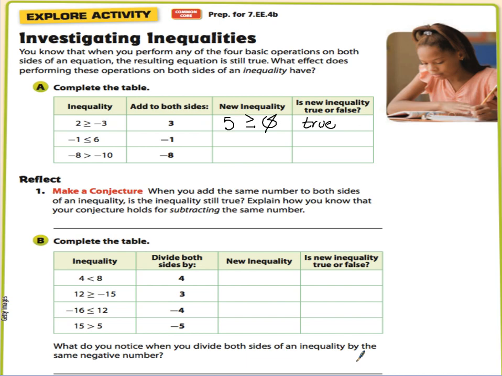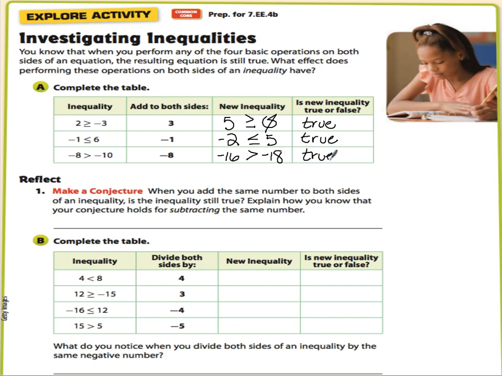Let's add negative 1 to both sides. I get negative 2, and it should be less than or equal to 5, and that is absolutely still true. Here, if I add negative 8 and negative 8, I get negative 16. And that should be greater than negative 8 plus negative 10, which is negative 18.